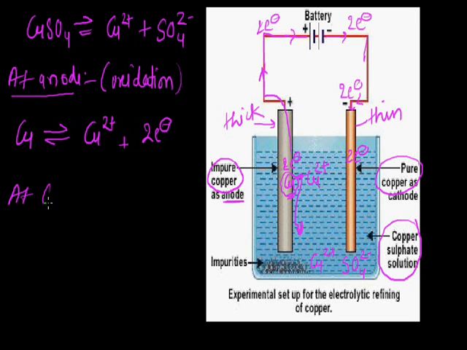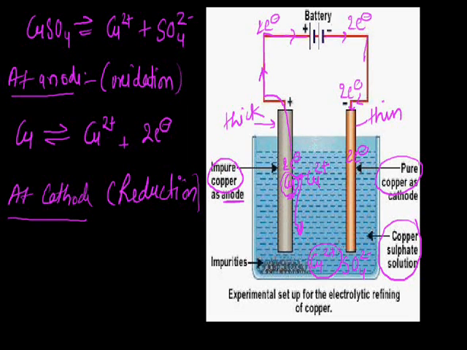Now at the cathode, reduction takes place. Here the Cu2+ ions present in solution gain these 2 electrons and are converted into copper atoms, because the plus 2 charge is neutralized by the minus 2 charge and it becomes an atom. This Cu2+ ion comes to the cathode and is converted into a copper atom, and this copper atom cannot survive in solution, so it sticks on the cathode.